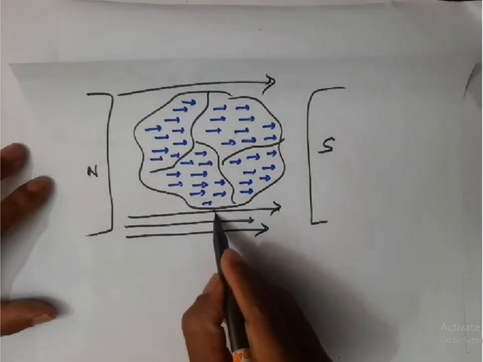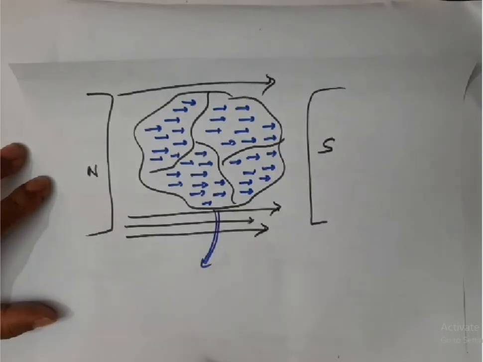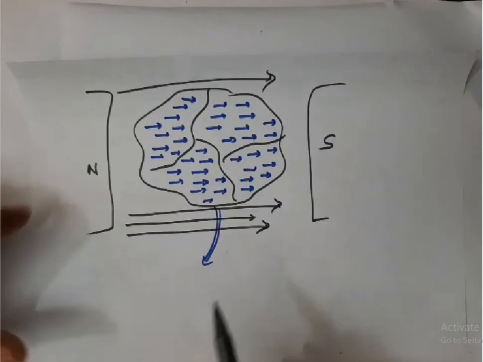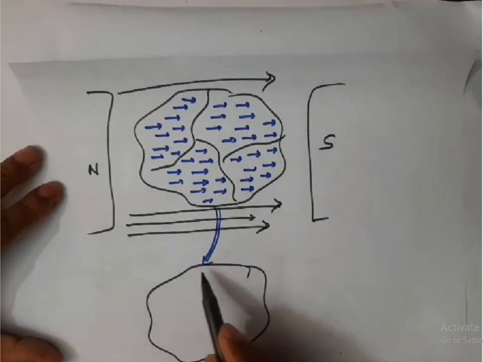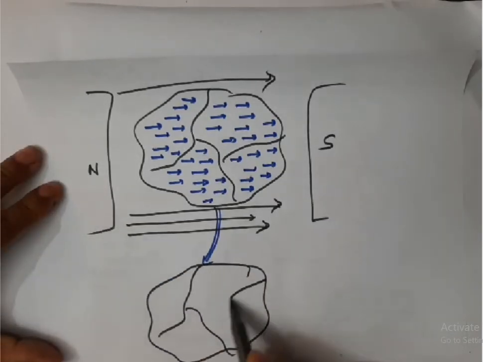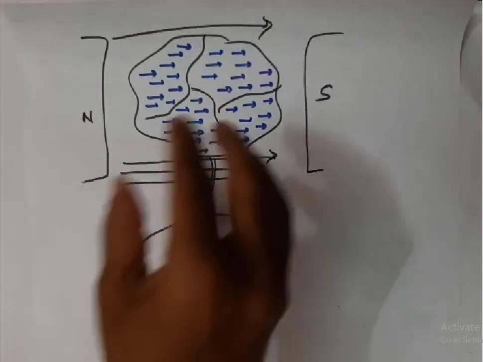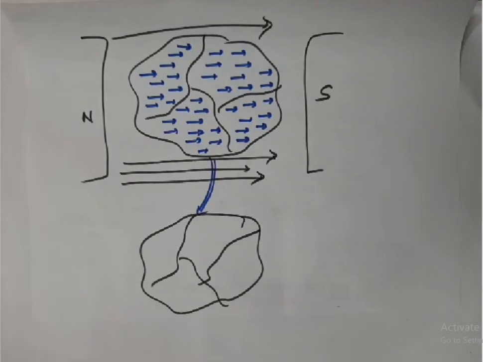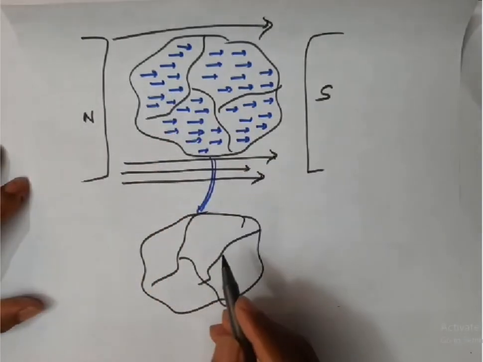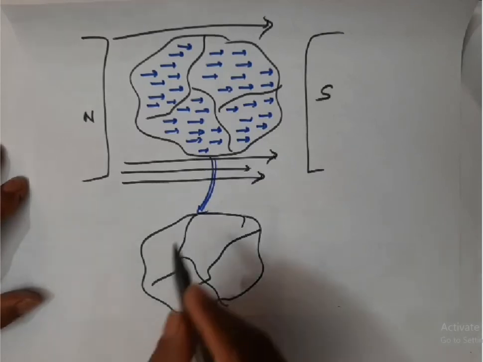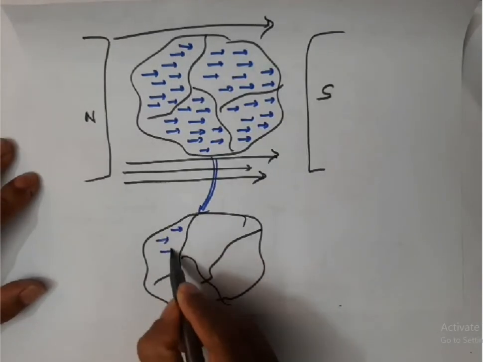Suppose you remove the material from the magnetic field. I'm just roughly drawing, assume the same material. If you remove the material from the external magnetic field, this alignment will persist for some time, even after the removal.